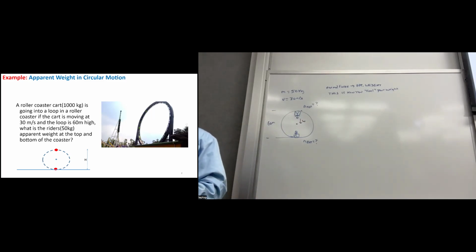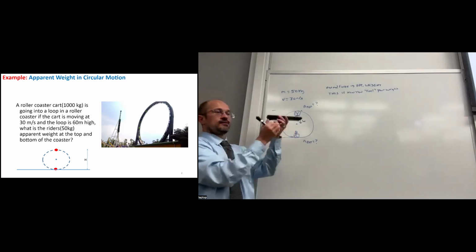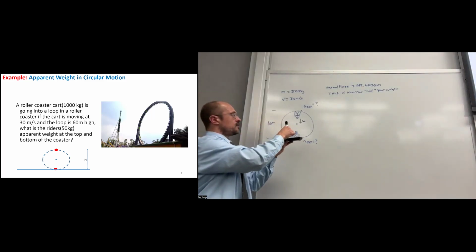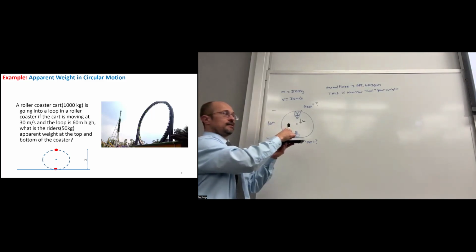How about another force? Normal, but which way does my normal force point? You want to put it up because we always put the normal force up. But what I want you to think about is if this is the roller coaster and here's you as the rider, the normal force is because of the seat on you.